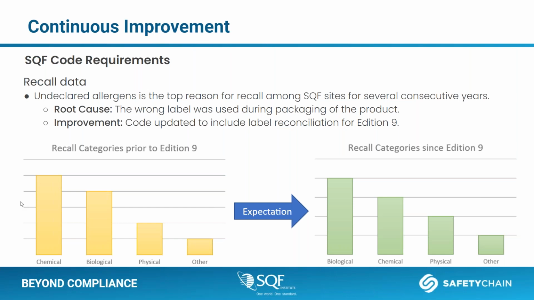So you can almost be assured that in 2023, you're not going to see a new edition of the code, and very highly unlikely that you would see a new edition in 2024. If it is, it would be very, very late in the year, but more likely it would be something around 2025 before you see a new edition of the SQF code come out.